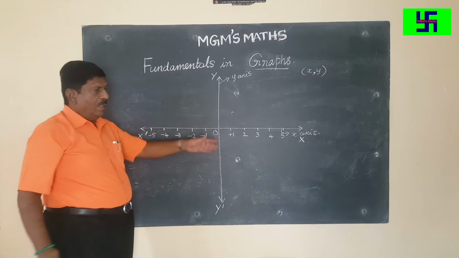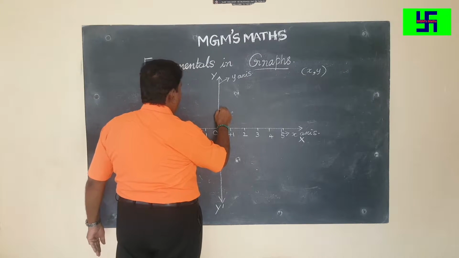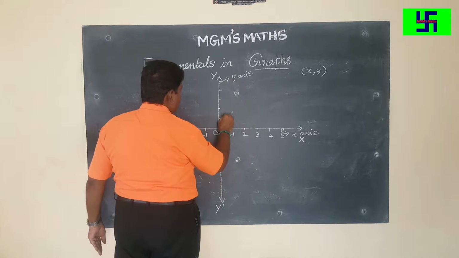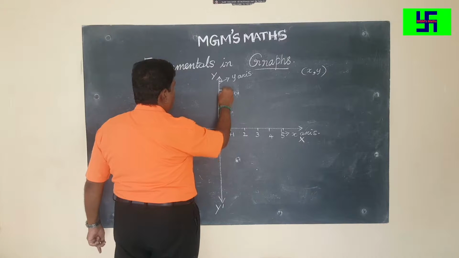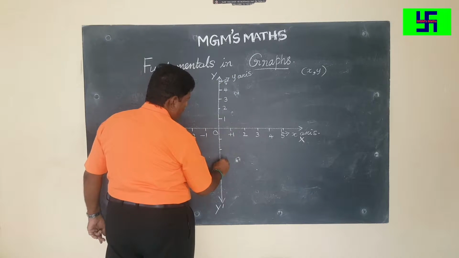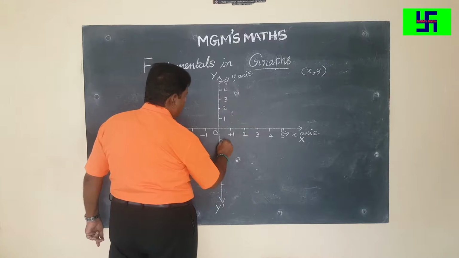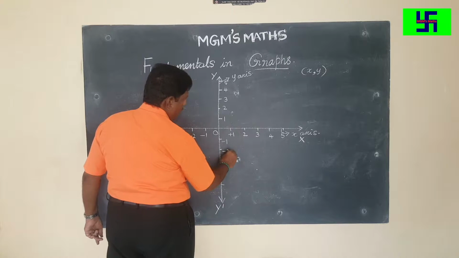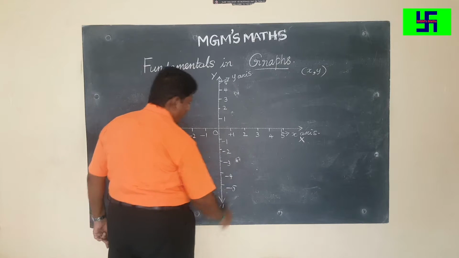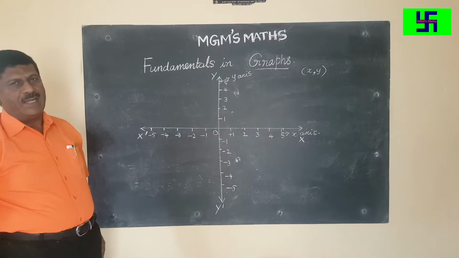In the same way on the y-axis at the top we have the positive side of the y-axis 1, 2, 3, 4, 5. At the bottom we have the negative side of the y-axis minus 1, minus 2, minus 3, minus 4, minus 5.